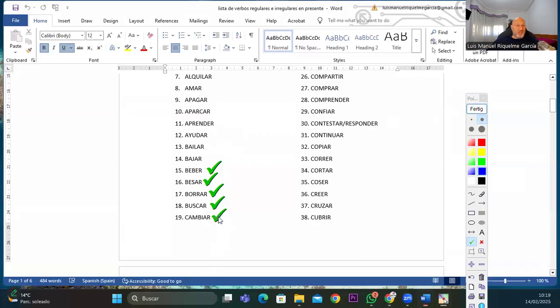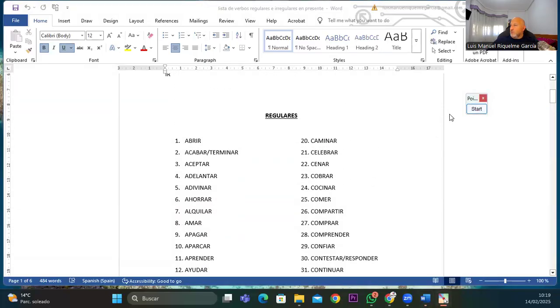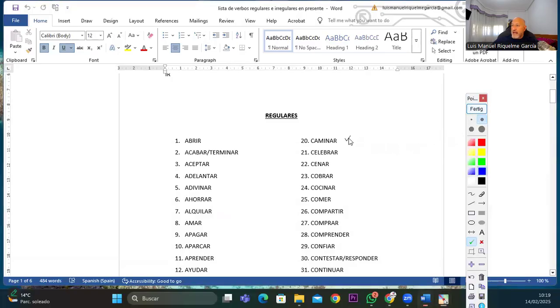Cambiar, to change. 20. Caminar, to walk. Celebrar, to celebrate. Cenar, to have dinner. Cobrar, to charge money, as in the bank charges you fees, or someone charges you so much for a job, for a work.